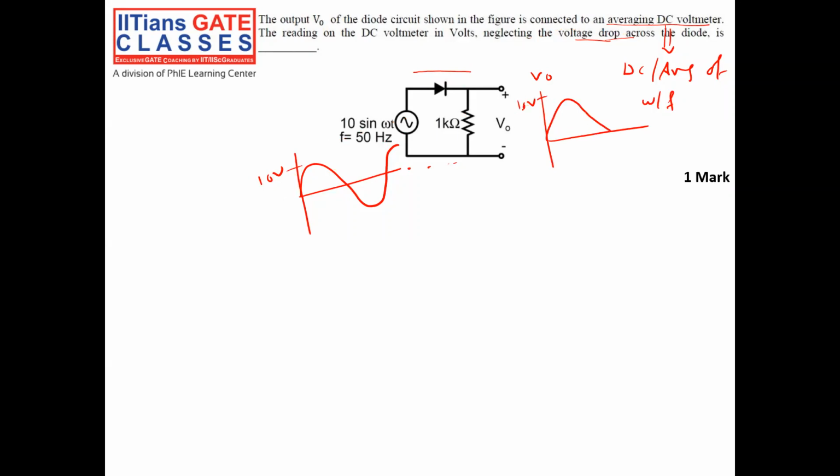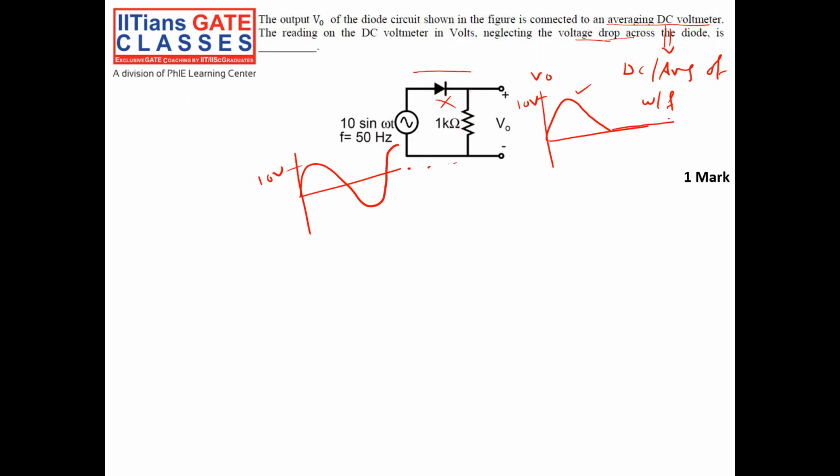During the positive half cycle, since the diode behaves like a short circuit, complete V input will come to my V output. So the waveform will be like this. During the negative half cycle, the diode will be reverse biased, so it will behave like an open circuit. So my output should be 0.